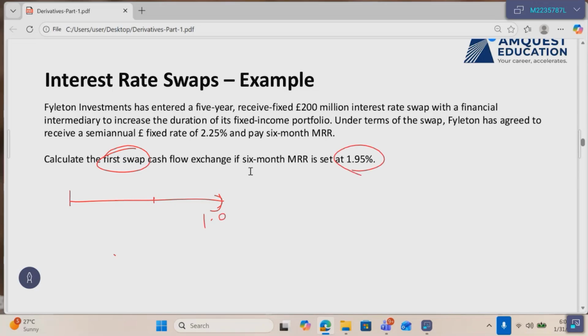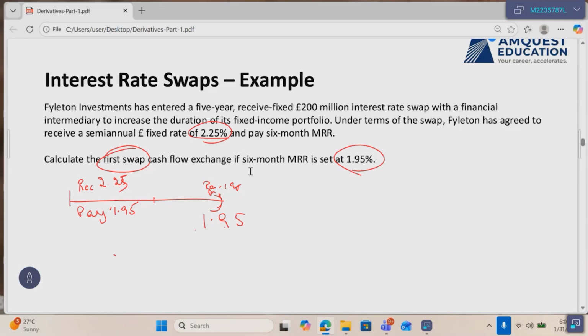You're saying I want to receive 2.25, and you'll pay the 6-month MRR of 1.95. Correct? Obviously this guy will receive based on that, and he'll pay the other amount.